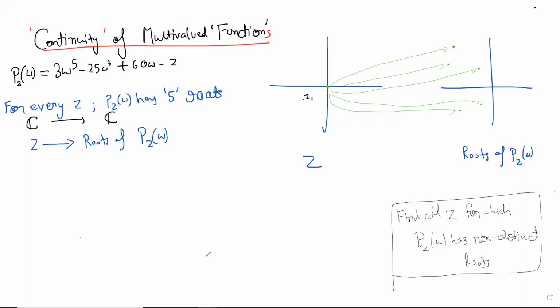How would continuity of a usual function be? If you have a point here and it goes somewhere here, then what does continuity mean? Continuity means that by changing the values of the domain small enough, you can make small enough changes in the values of the range.